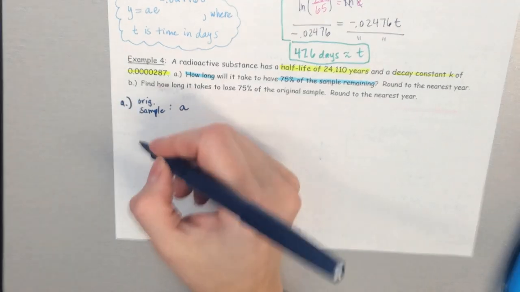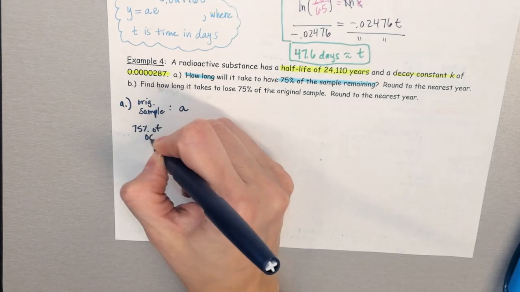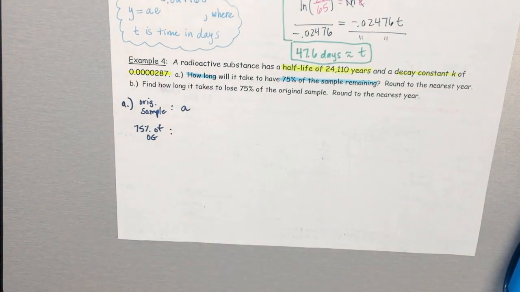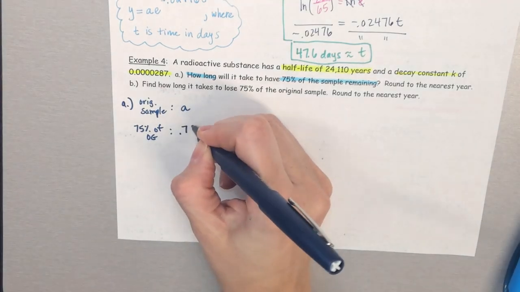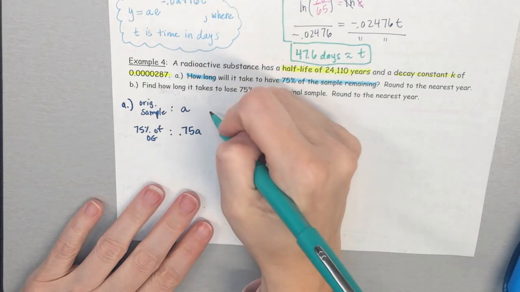And if 75% is left, the 75% of the original A, do you guys know how we could write that? Yeah, it's just 0.75A. So you could write it in terms of the variables. And then what you're trying to do is find T.